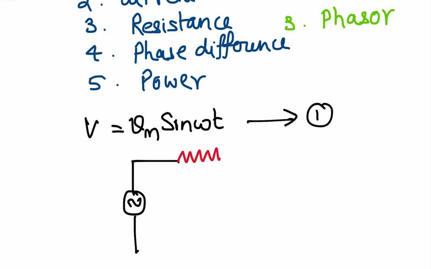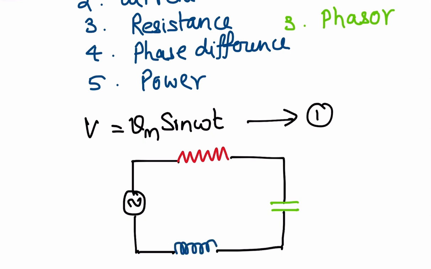So you can take a capacitor here and then an inductor. This is the inductor. So the 3 are connected in series. This is resistance, this is capacitor, this is inductor. Now this is the AC voltage, which is the EMF, or we call it the AC source supply.